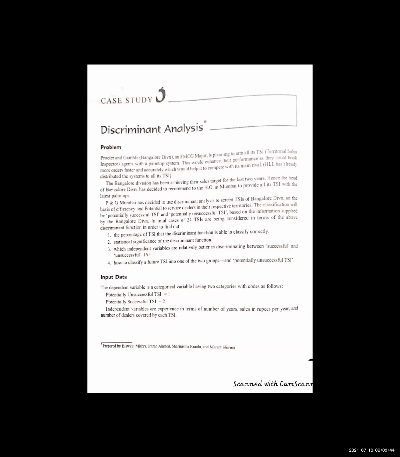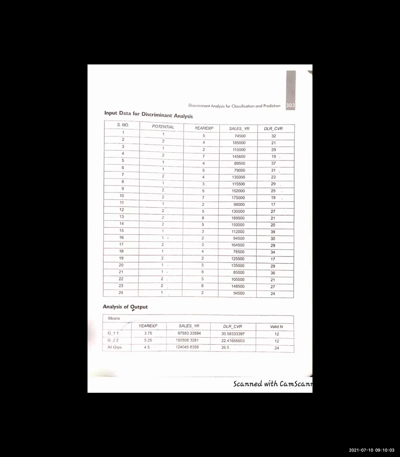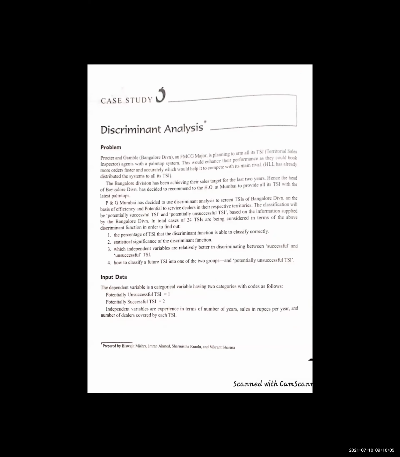Then, second question: in order to classify these salespeople, what are some of the data that are available with the company? I'll keep the screen open because on the first page people have to read it. What kind of data is available with the company? It's all written there.